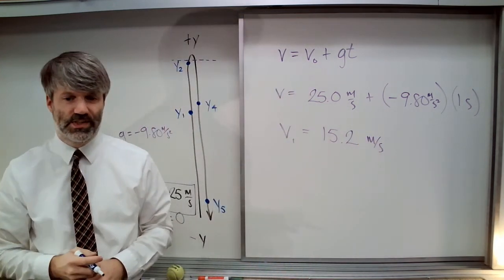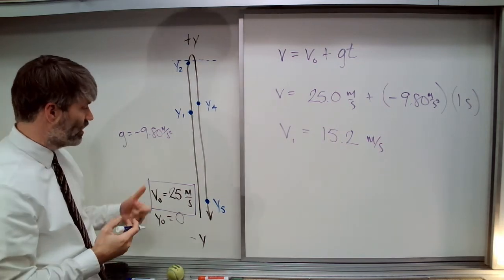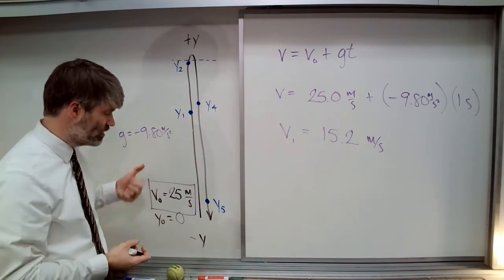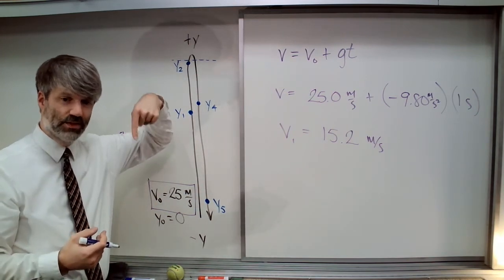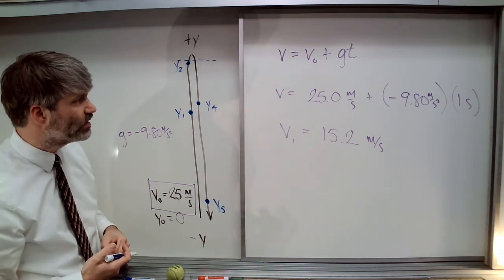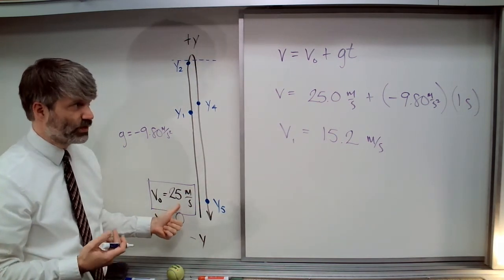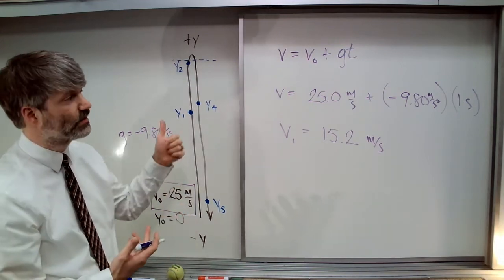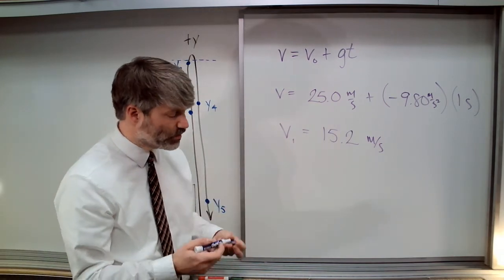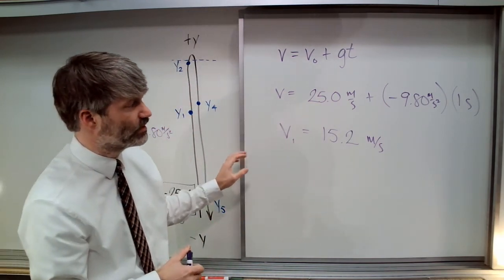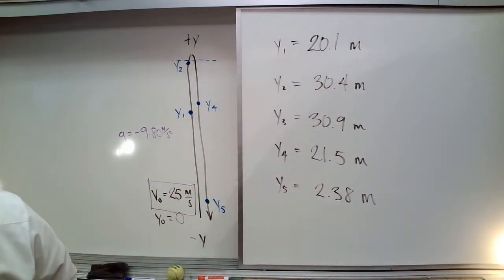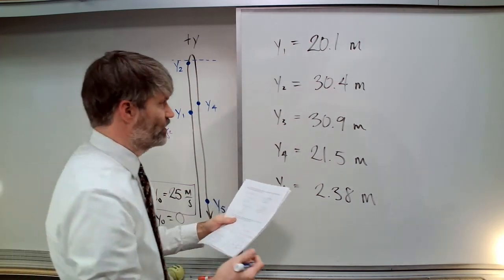So after 1 second, it has lost 9.80 meters per second of velocity, because it's going to change in the downward direction every second that much. So that's what we would expect. And you probably see we just have 25 meters per second minus 9.80 meters per second. So we get this for v1. Again, I'll put this up over on our other board. Feel free to skip through this while I write it up here.